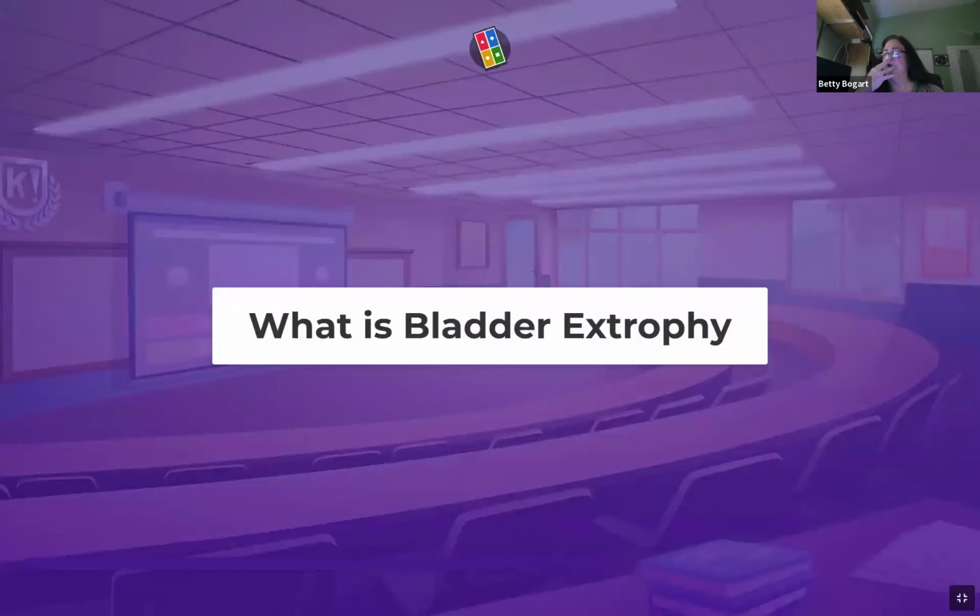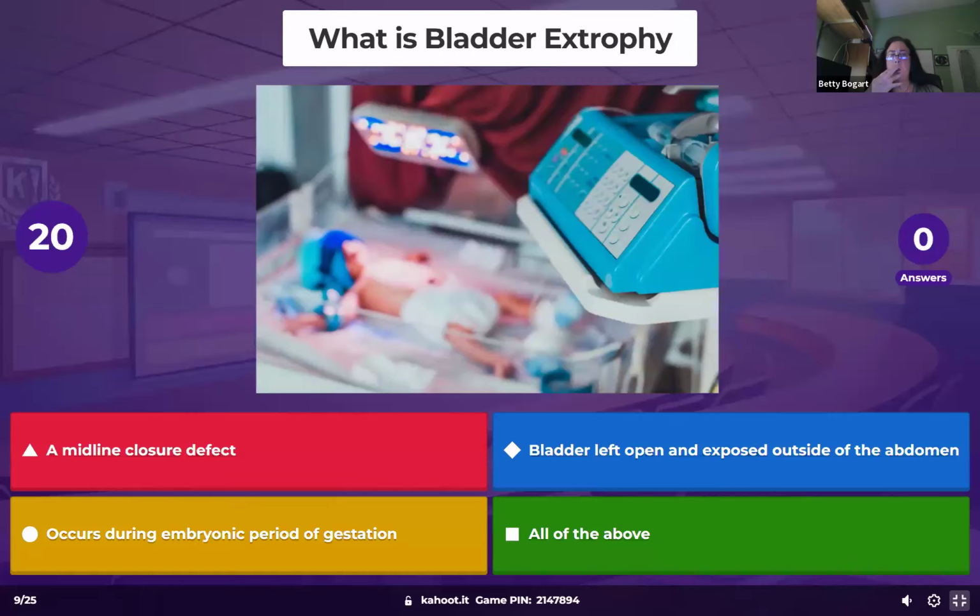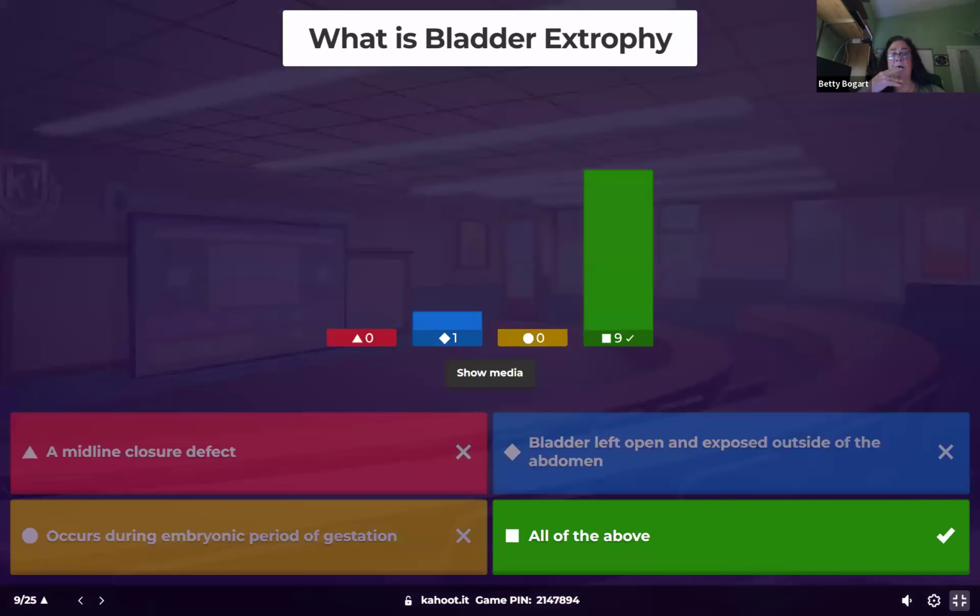What is bladder exstrophy? So bladder exstrophy is when the midline abdomen closes, that bladder got stuck outside.